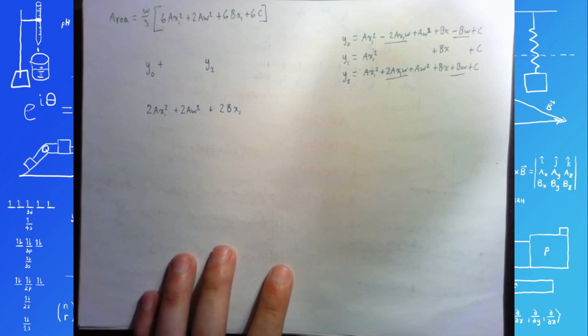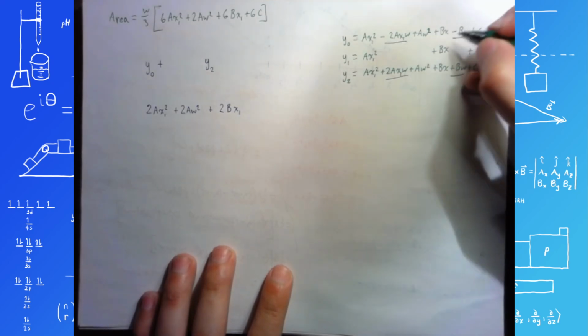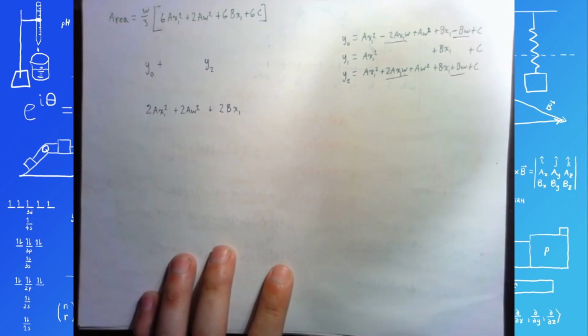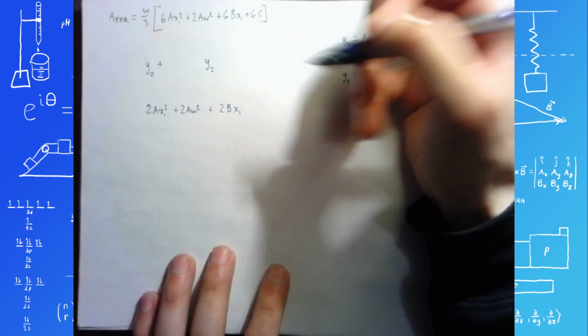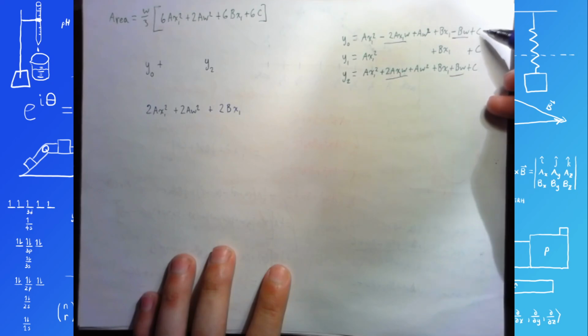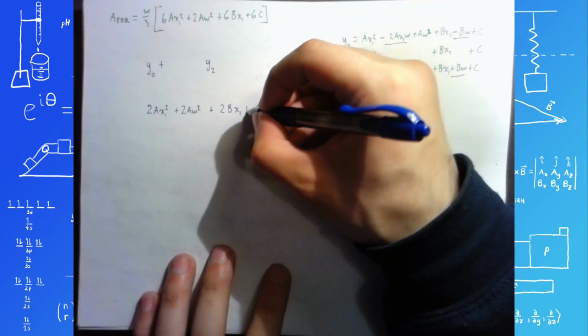I forgot the ones. Why did I forget to write the ones? Yeah, there we go. That's better. Plus 2bx1, if I'm adding y0 and y2, and plus 2c.